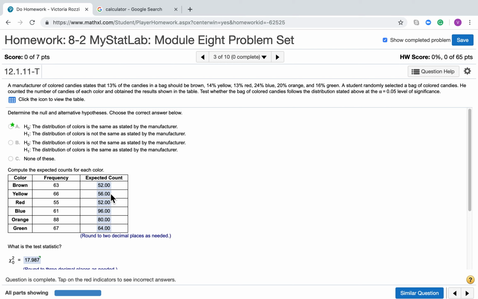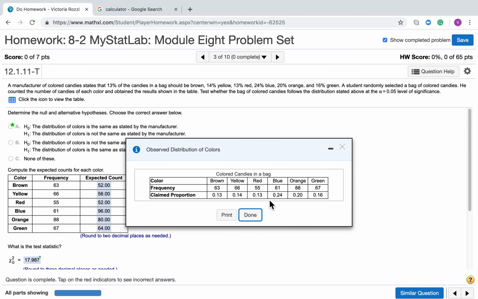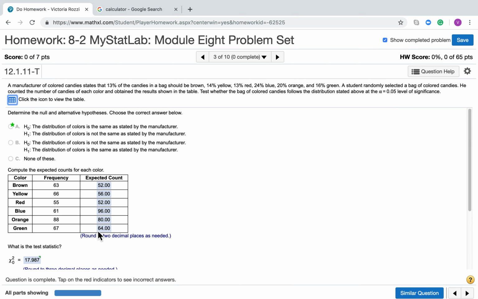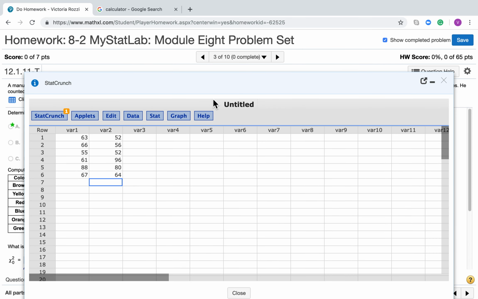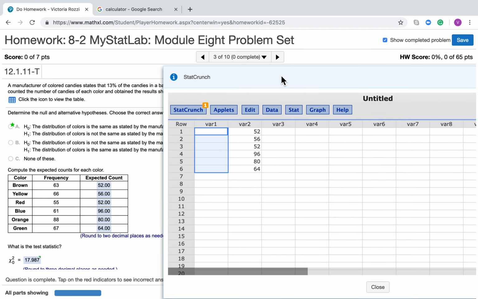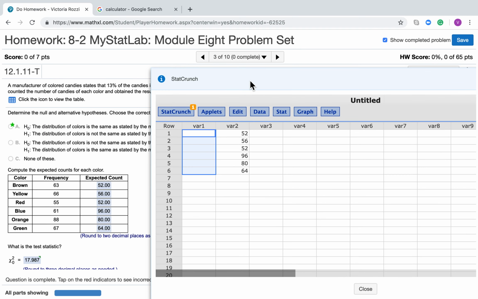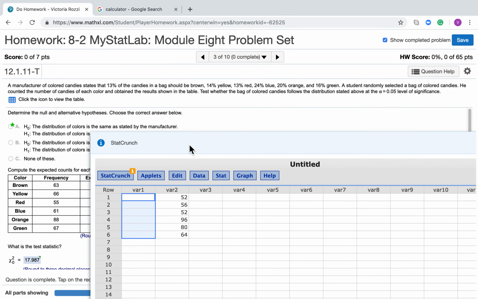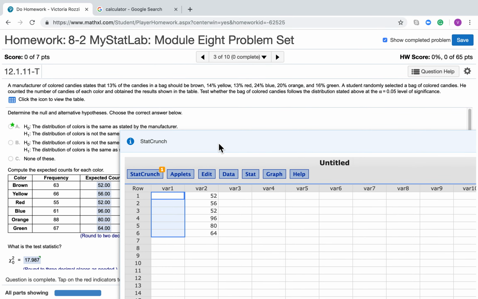Now, the kind of annoying part about this problem is we are going to do it in StatCrunch, but if you click to view the icon, notice I don't have anything to open this in StatCrunch, which is really annoying. And I'm also going to need my expected count. So when you open StatCrunch, we are actually going to have to go ahead and type in our data. And I actually typed this in. So just to show you how I did this, because I tested it beforehand, I looked at my table here and I just copied what I had in the table.